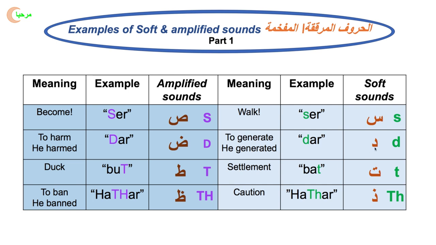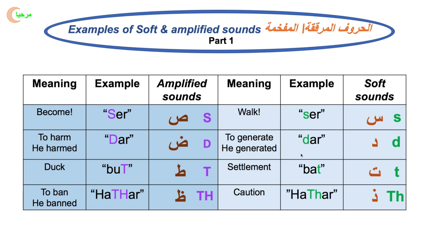Now the next letter here is dal, and we agree to write dal as small d, versus dod, we agree to write it as capital D. And again, I chose two words that have the same vowels and the same letters.